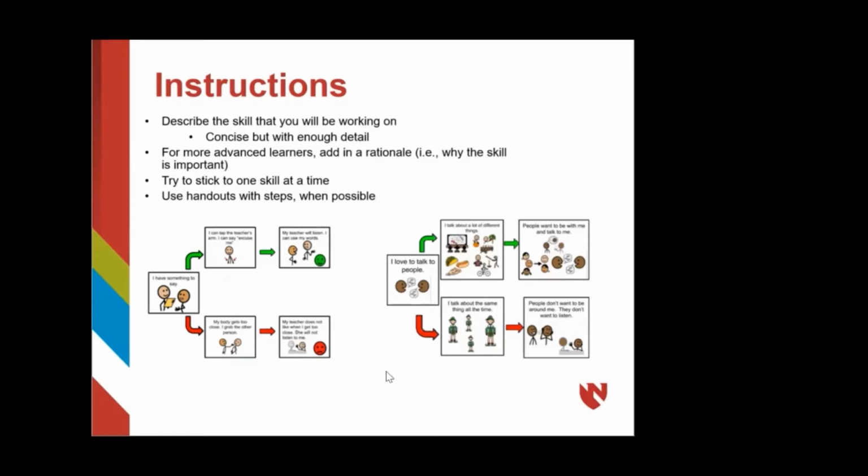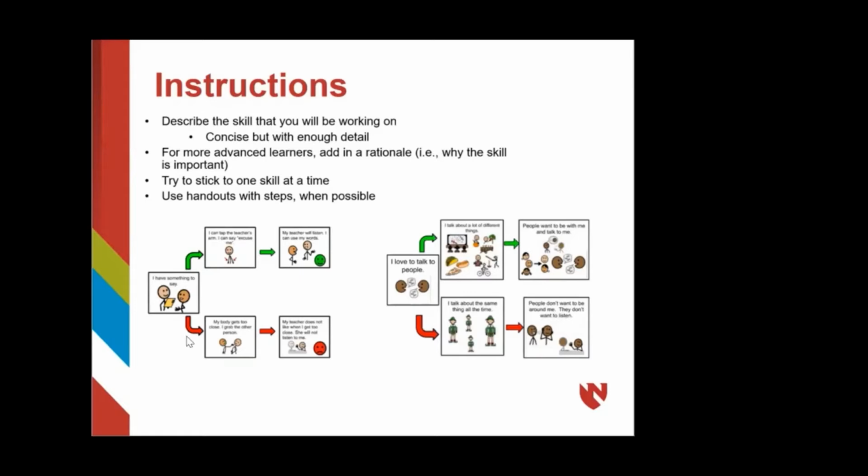So for example, over here on the left, this is a visual that says, I have something to say, and we have green arrows indicating that that would be the path to choose. So if I have something to say, I can tap the teacher's arm and I can say, excuse me. And then that would lead to my teacher listening, and I can use my words to explain what I want.